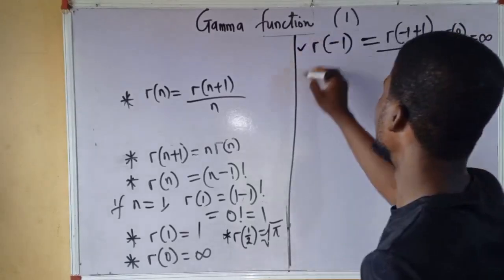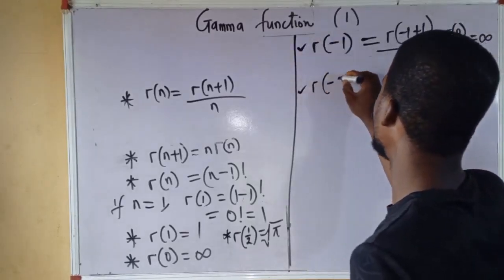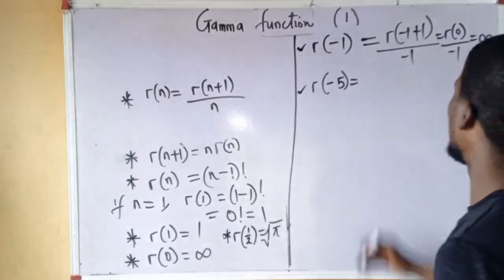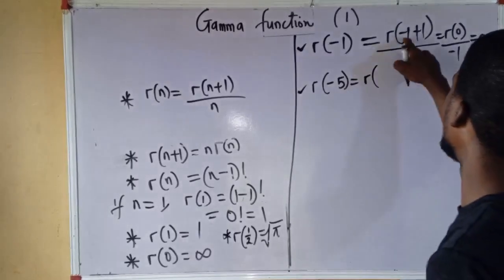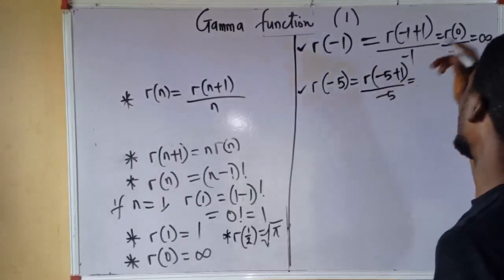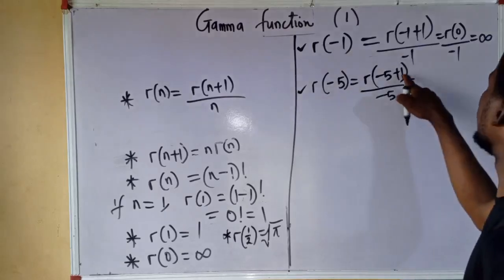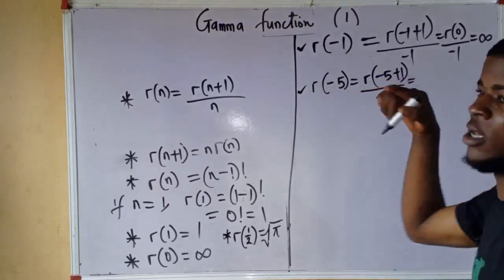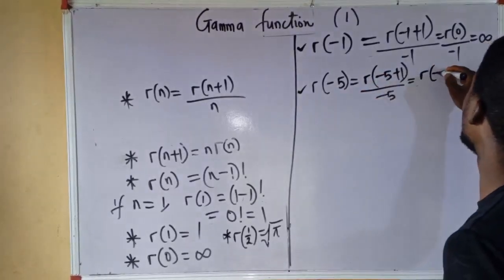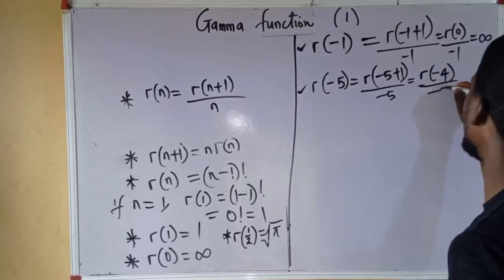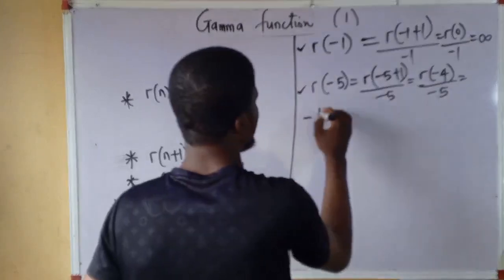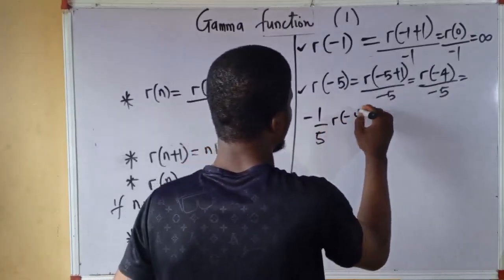It will interest you to know that gamma of minus 5, for example, is also infinity. This is gamma of minus 5 plus 1 over minus 5. Minus 5 plus 1 is minus 4, right? So this is gamma of minus 4 over minus 5, and that is actually minus 1 over 5 into gamma of minus 4.